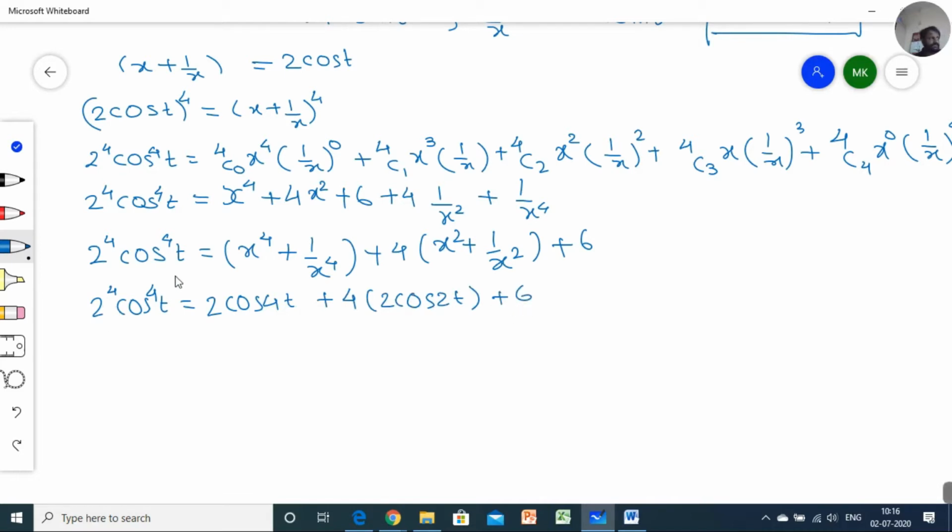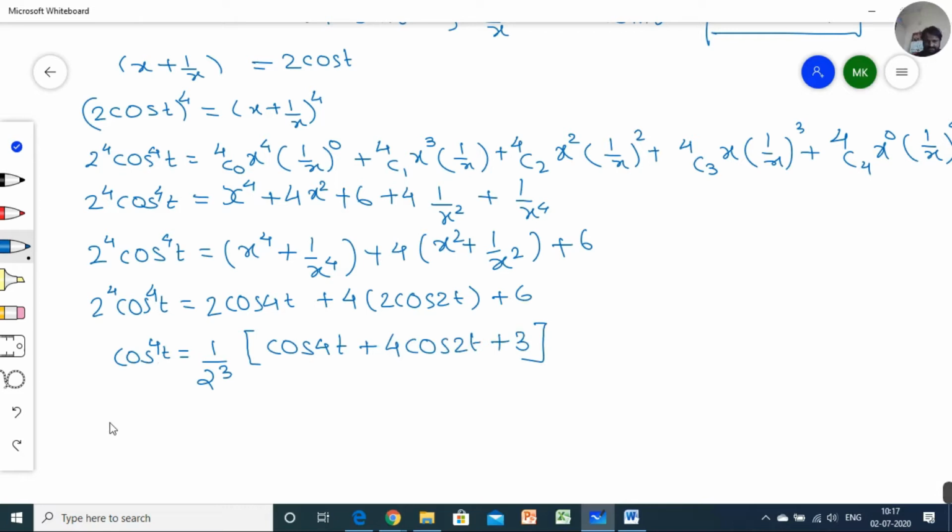So 2 raised to 4 is 16, or you can take 2 as a common factor from these terms, which is cancelled by this power 1, so it becomes cos raised to 4t, which is equal to 1 by 2 raised to 3, and the remaining terms become cos of 4t plus 4 cos 2t plus 3, because we took 2 as a common factor.